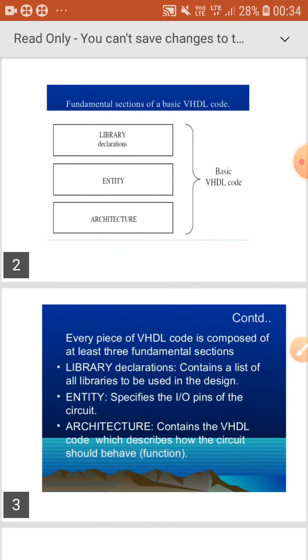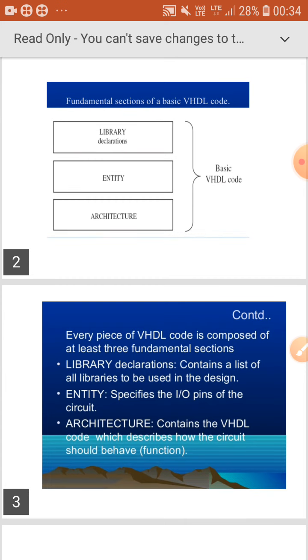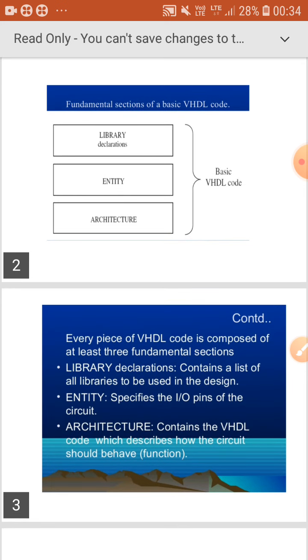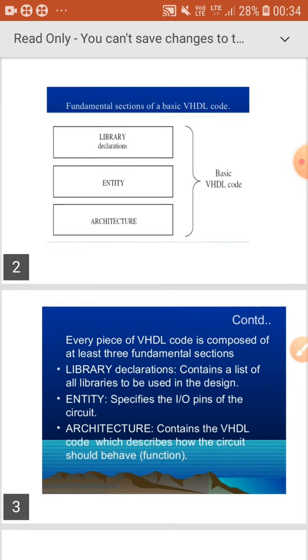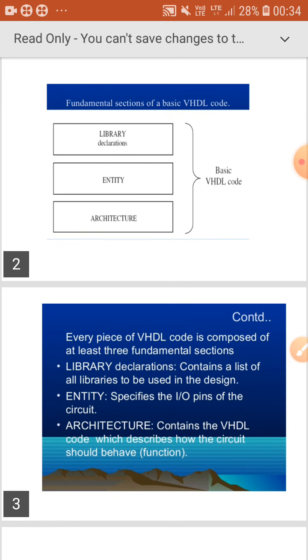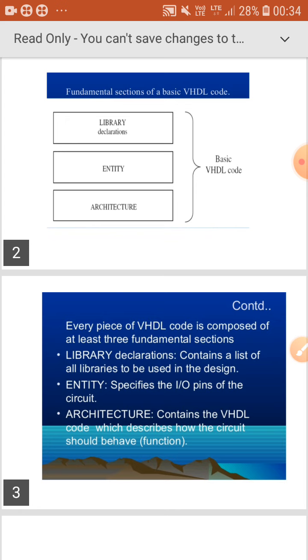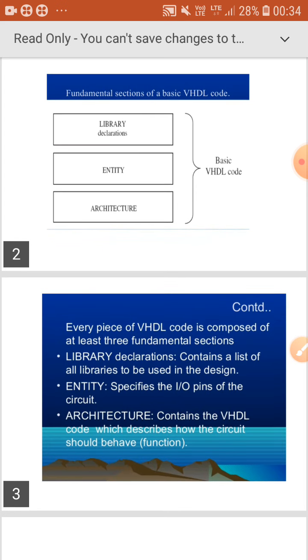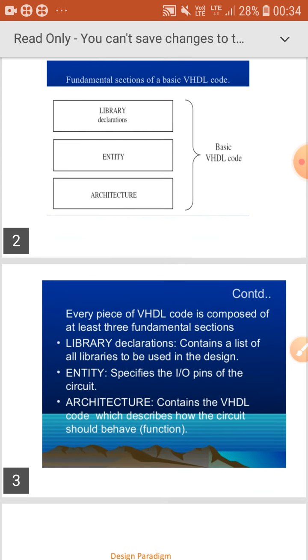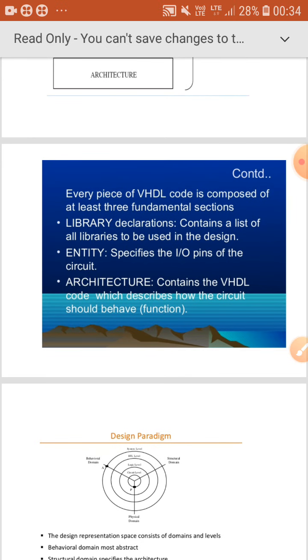Instead of header files, here we include a library. In C programming, in the header files all the functions are defined. Similarly here in the library all the functions are defined. So on the top we include the library, then entity and architecture.